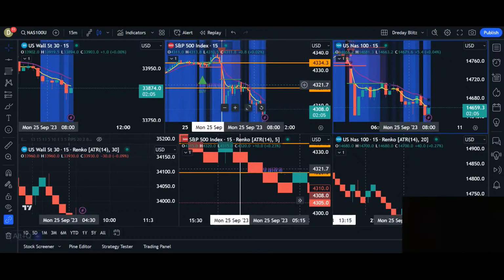For example, if you're trading only the New York session, you're going to be able to put a filter to only look at the New York session entries. That way, if you want to receive the alerts only on that session, you're going to be able to do so.